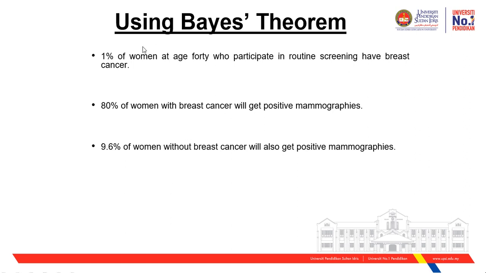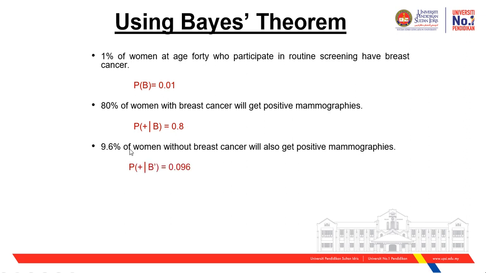We have these three pieces of information from the question just now. 1% of women at age 40 who participate in routine screening have breast cancer. So we let the probability for women who have breast cancer be 1%, or 0.01. Then 80% of women with breast cancer will get a positive mammography: P(positive given breast cancer) is 0.8.